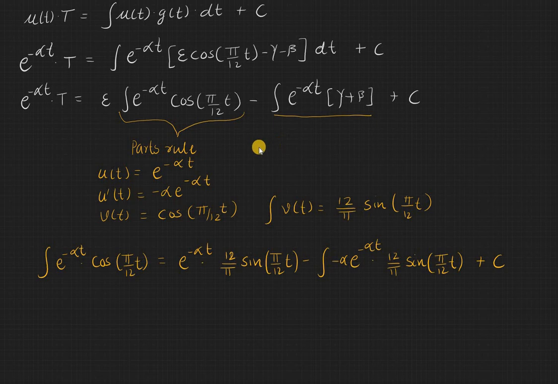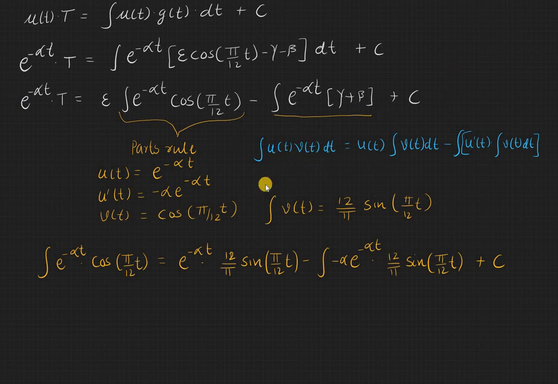So integration by parts of two functions u of t into v of t dt is given by u of t, integration of v of t dt, minus integration of u of t dash, so it should be a bracket here, into integration of v of t dt. So this is the formula for integration by parts rule.